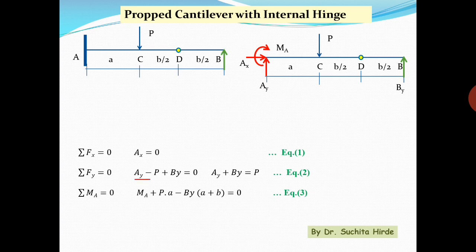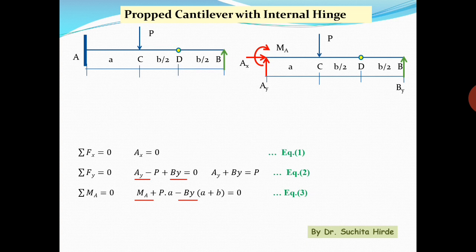First, Ax is equal to 0, we know. Then there are Ay, By and MA. So 2 equations and 3 unknowns. But in this case we have a hinge at point D. Now let us see when there is a hinge in any structure, how we can solve this.